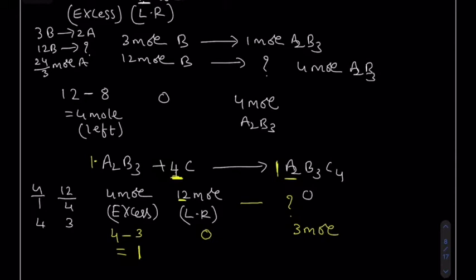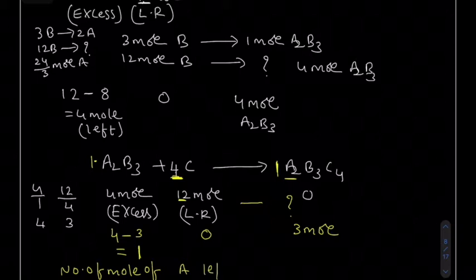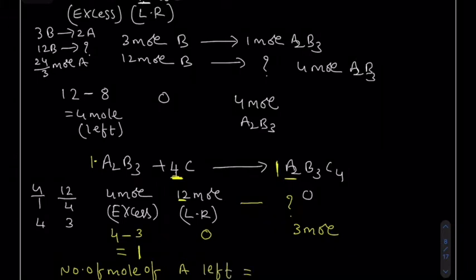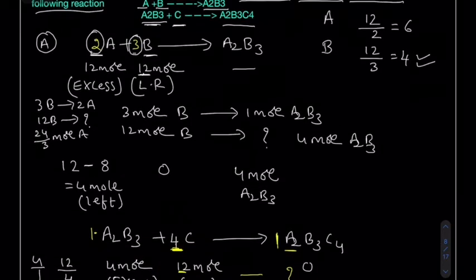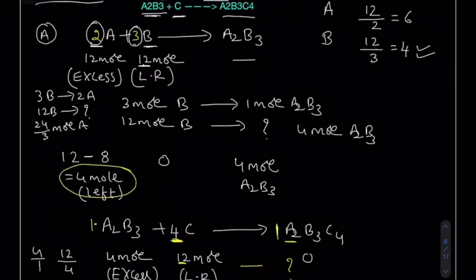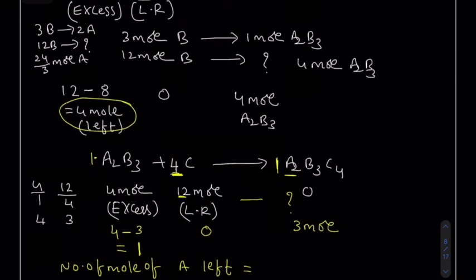So finally, what I am writing here: number of moles of A left. How many moles of A will be left here? 4 moles. Next, number of moles of A2B3 left will be 1 here.